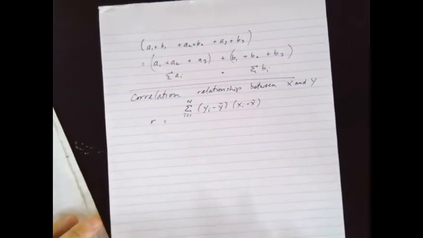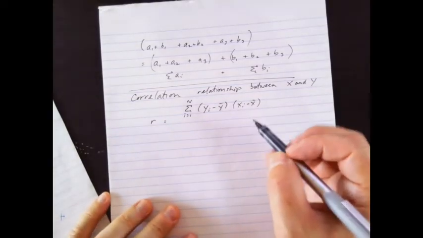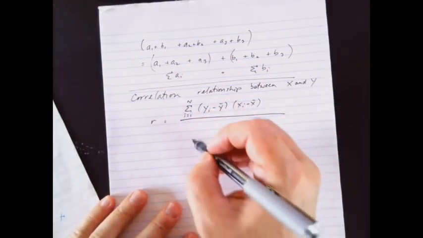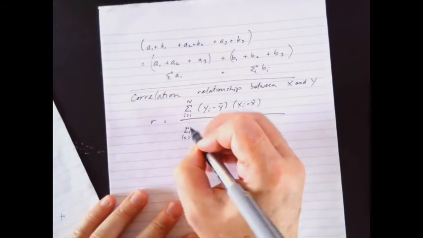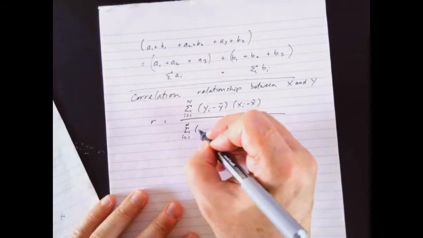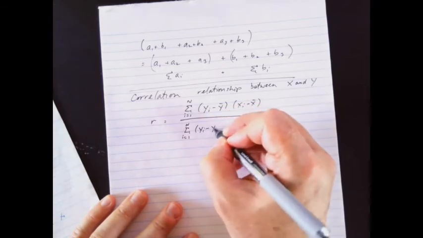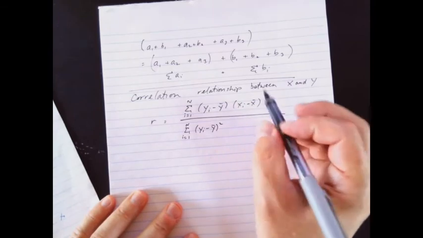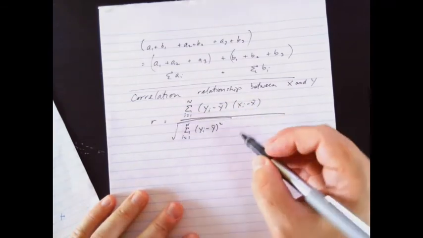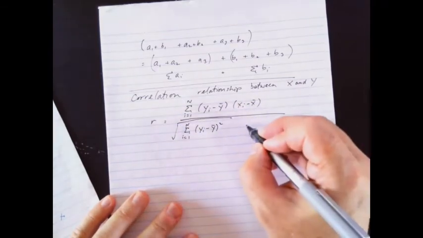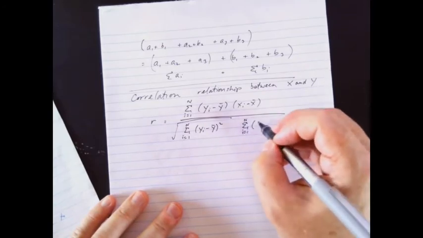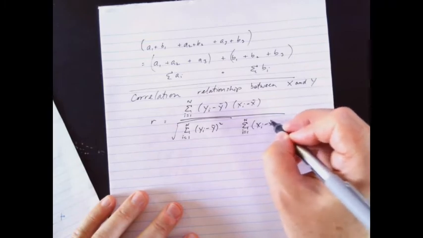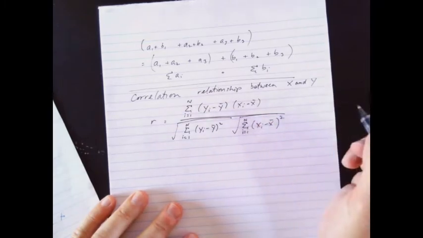So we'll call them x and y. So we're interested in the relationship between 2 variables, x and y. And so we have i equals 1 to n. And this is where we have the squared terms. And we take the square root, and i equals 1 to n of the x deviations. And again, take the square root.